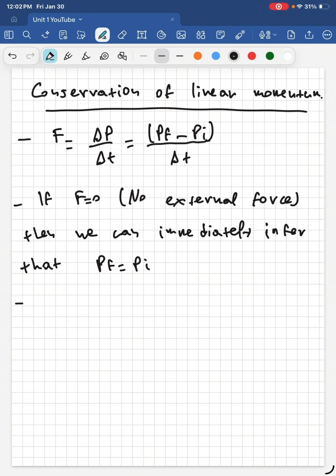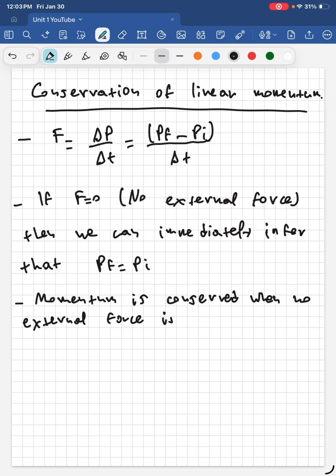So momentum is conserved when no external force is present. And there is one more thing I want to say. It's not in my notes, but it helps with intuition.